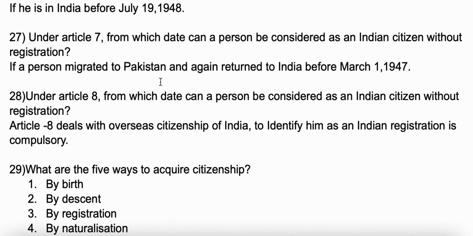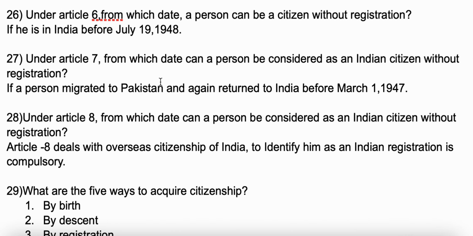To be identified as an Indian citizen, registration is compulsory. Under Article 8, there will be compulsory registration. Okay, so this is about the overseas citizenship of India under Article 8.